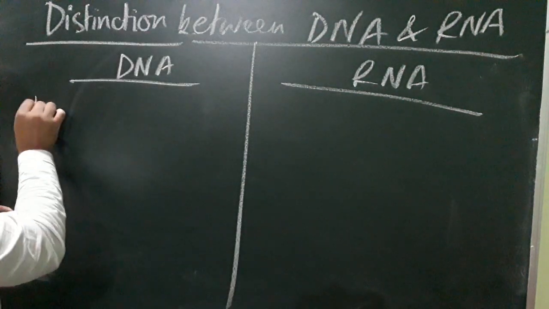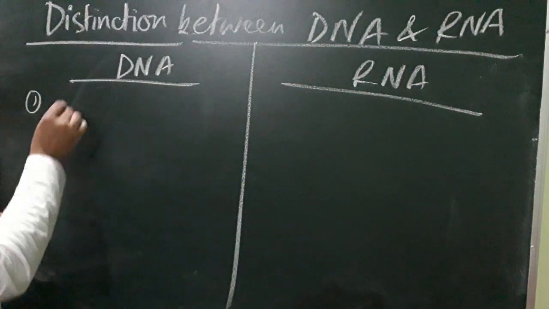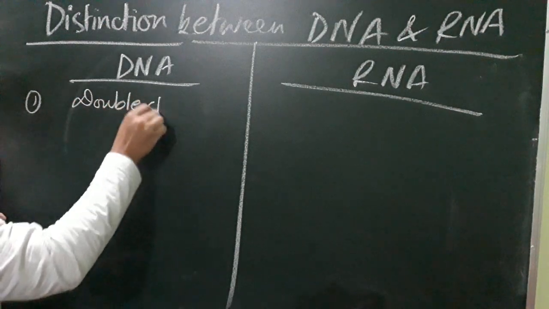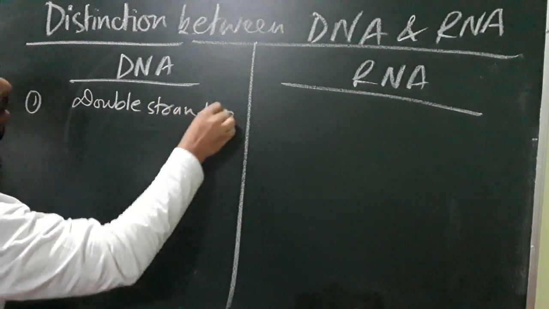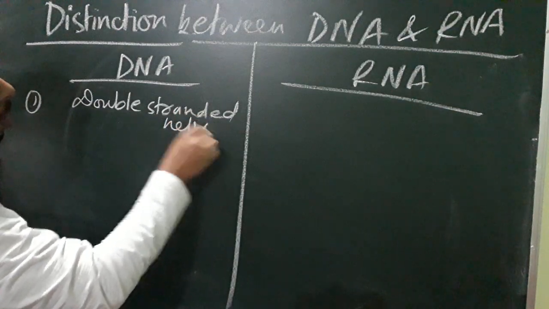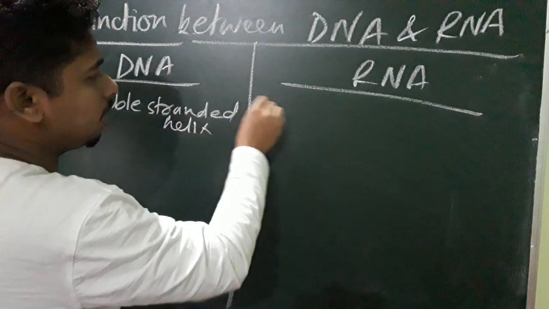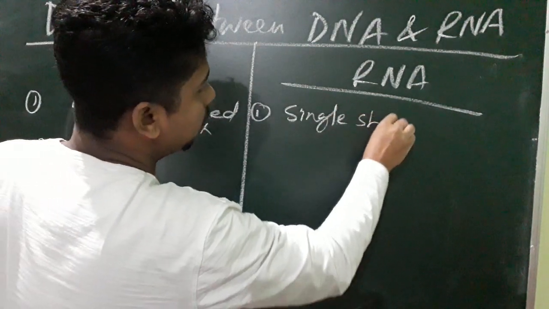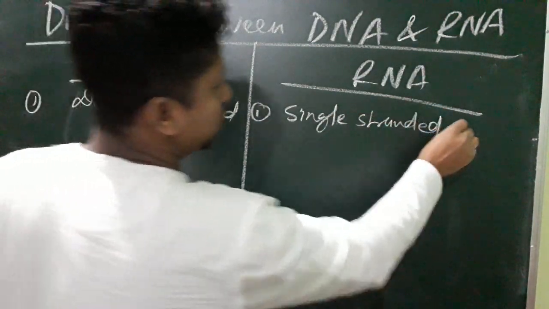Number one, DNA is a double-stranded helix, but RNA is a single-stranded polynucleotide chain.